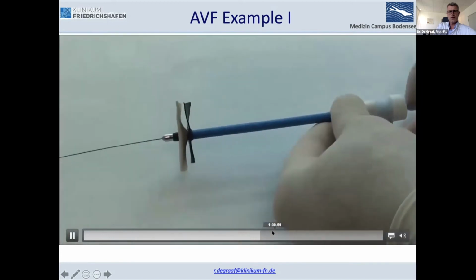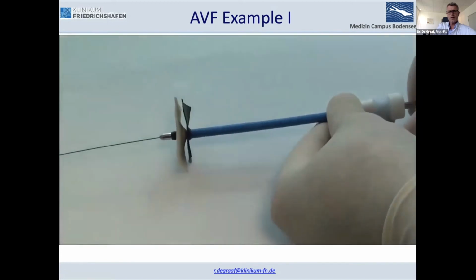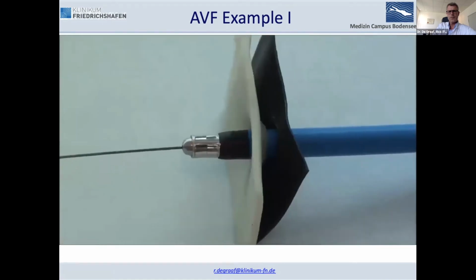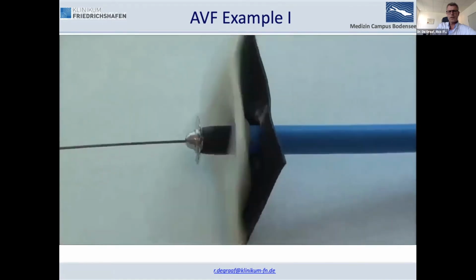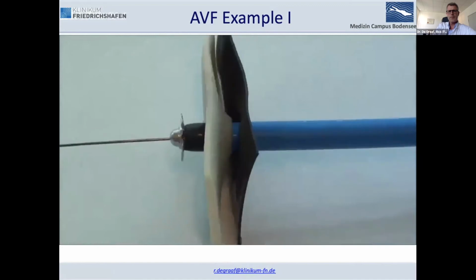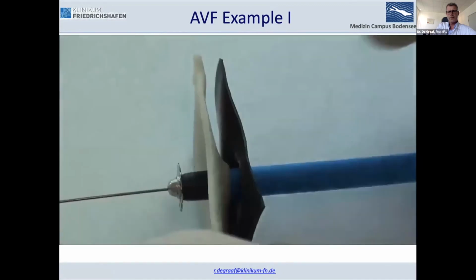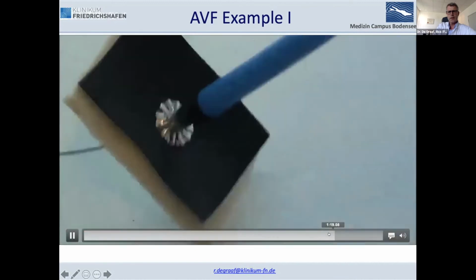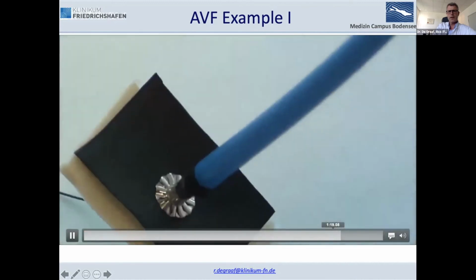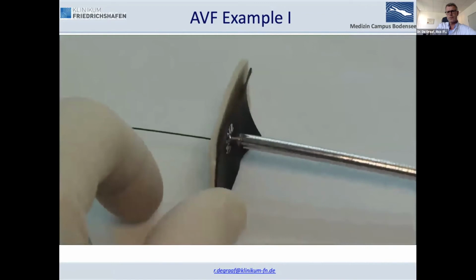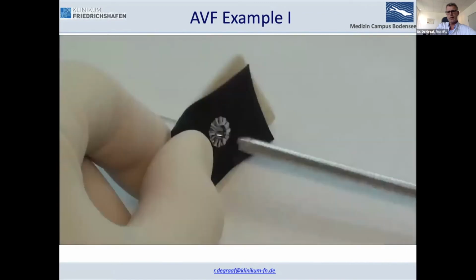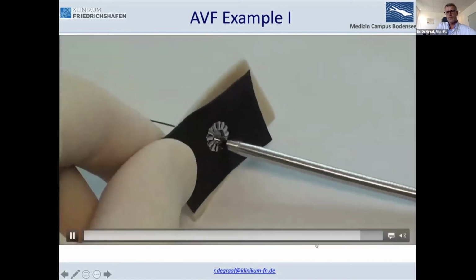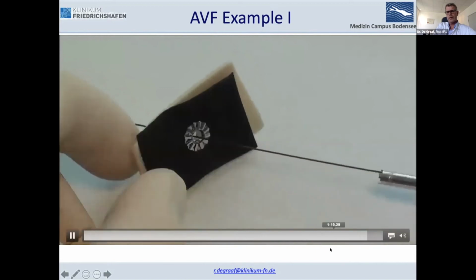You go with the sheath and device through that orifice, and you get a disc on the one side, pull it back, and this from the other side, and thereby, when you pull it out, creating an AV fistula. So probably a lot of techniques are possible.